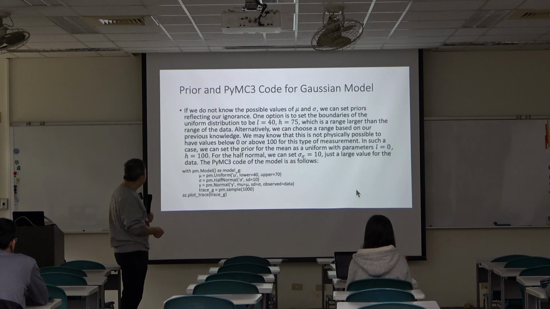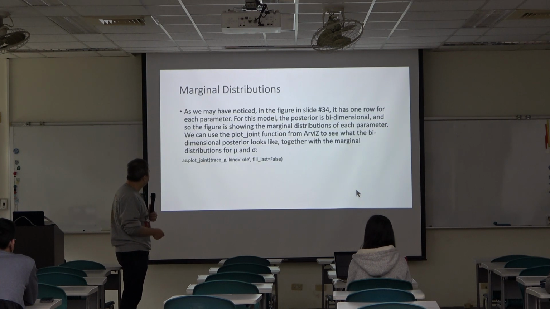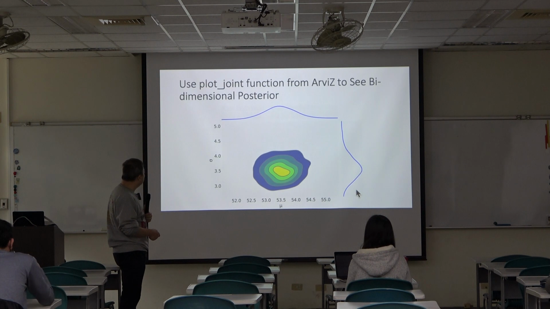And then we use PyMC3 to generate the result. Because it has two parameters, we have two of these. The reality is that it's going to look three-dimensional, so we are able to see the joint distribution, something like this, the top-down view.